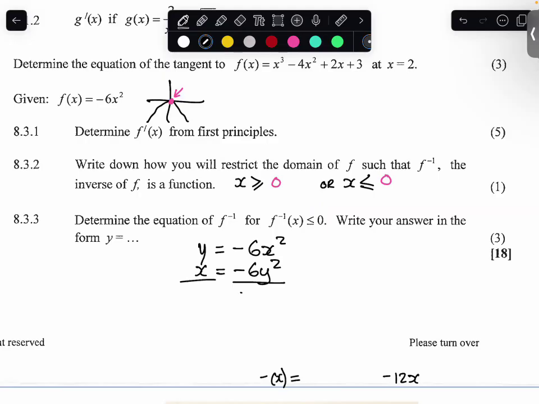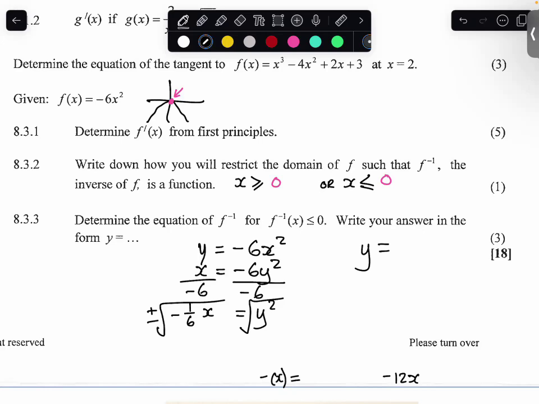So I'm going to divide both sides by minus 6 here, which gives me minus 1 over 6x is equal to y squared. And then I'm going to square root both sides. Right. Don't forget your plus minus. So now I have y is equal to either plus or minus the square root of minus 1 over 6x.